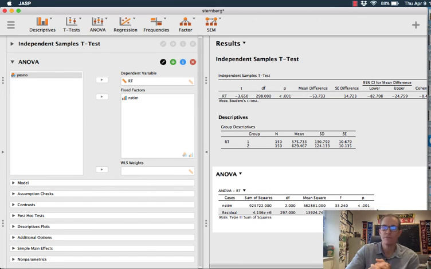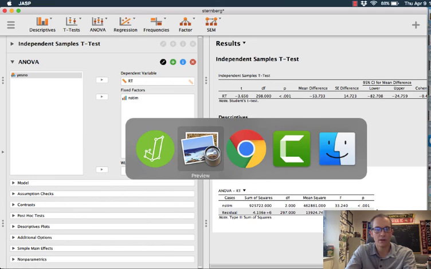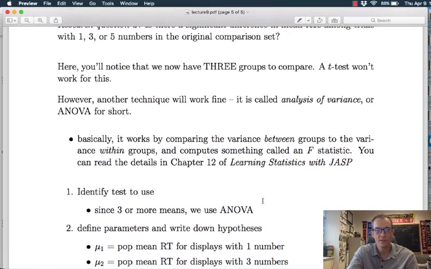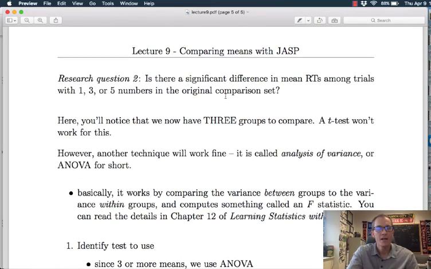The null must be false. So let's reject the null. So we're rejecting the null, and what that tells us, go back to our lecture screen, what that tells us is that leaves us support for H1, which means that not all the mu's are equal. So for this research question, that tells us that yes, there is a significant difference in these mean RTs between 1, 3, and 5 numbers.